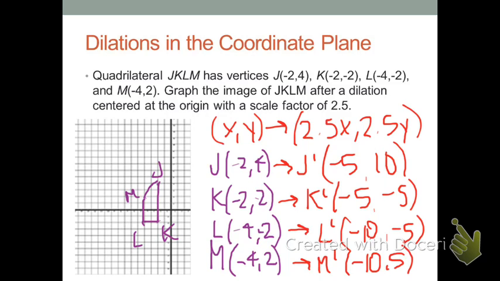So we can go to -5, 10, right about there. So this is our J prime. We can go to K prime at -5, -5. Somewhere in there.